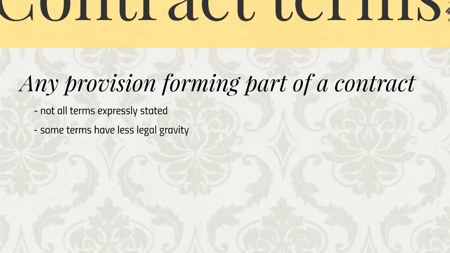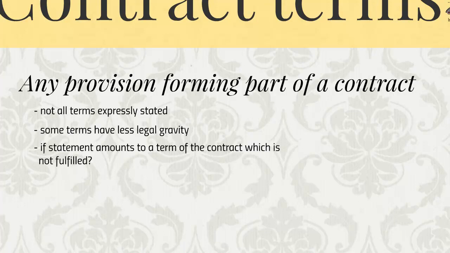Now, it's really important to know whether a statement is a contractual term or a representation because each one leads to a different course of action. Let me give you an example. Let's imagine, for instance, that we're dealing with a statement that is a term of the contract and it's not fulfilled. What do you think would happen? Well, in this case, the innocent party would be able to sue for a breach of contract.